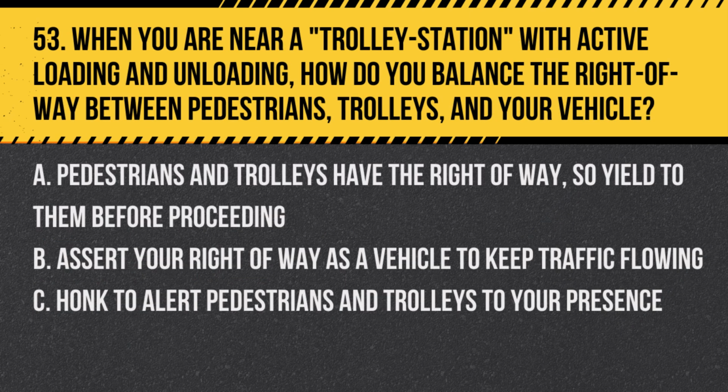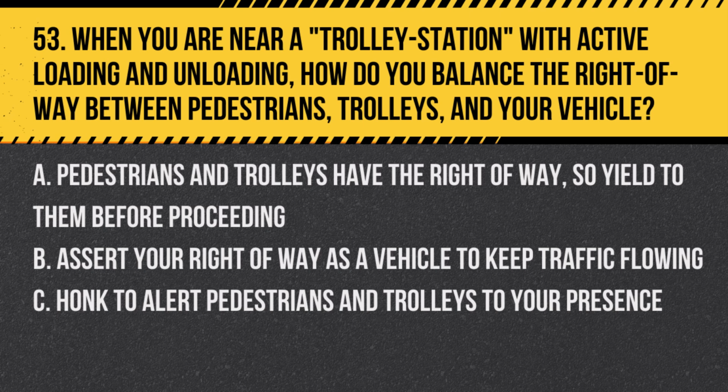Question 53. When you are near a trolley station with active loading and unloading, how do you balance the right-of-way between pedestrians, trolleys, and your vehicle? A. Pedestrians and trolleys have the right-of-way, so yield to them before proceeding. B. Assert your right-of-way as a vehicle to keep traffic flowing.